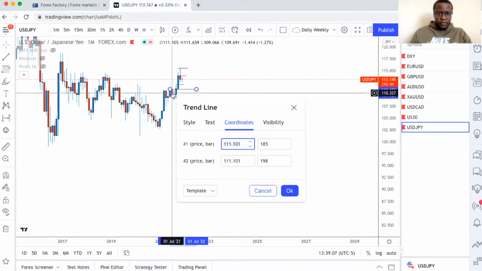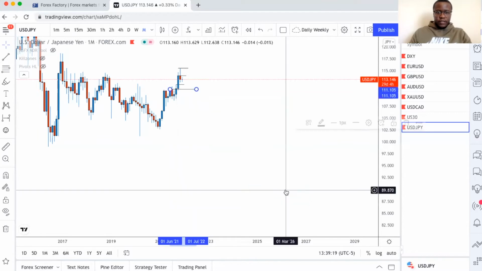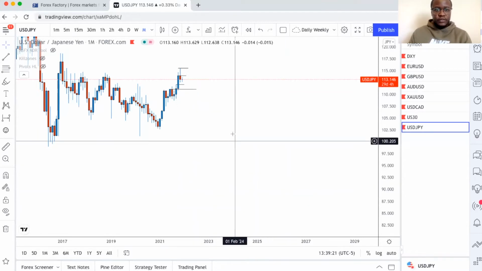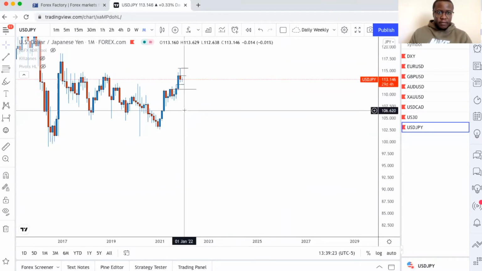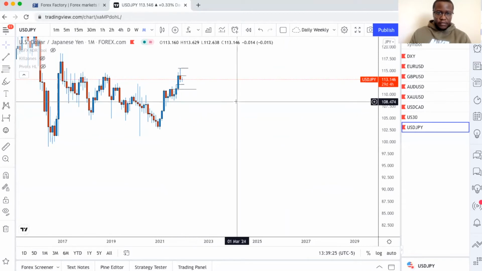The opening will be 111.15, which I'll leave at that. Okay, so we're good to go. That's the monthly levels right there.